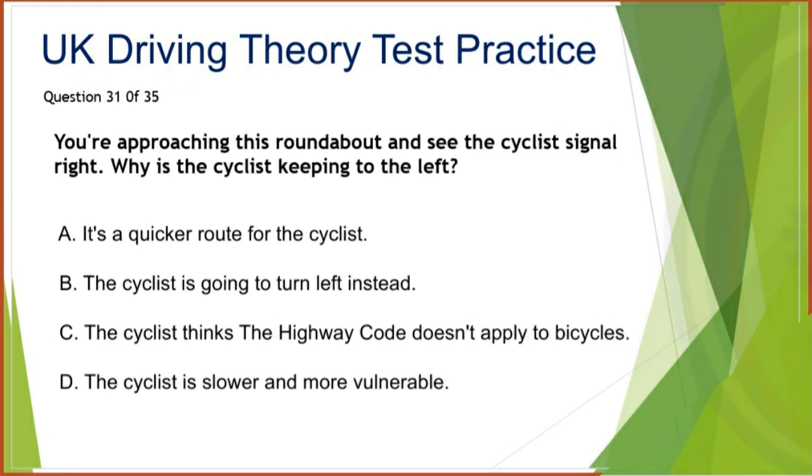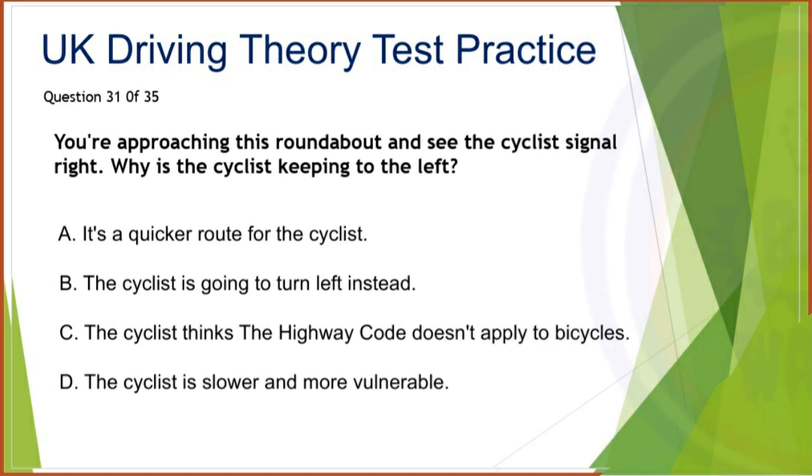Question 31 of 35. You're approaching this roundabout and see the cyclist signal right. Why is the cyclist keeping to the left? A. It's a quicker route for the cyclist. B. The cyclist is going to turn left instead. C. The cyclist thinks the Highway Code doesn't apply to bicycles.